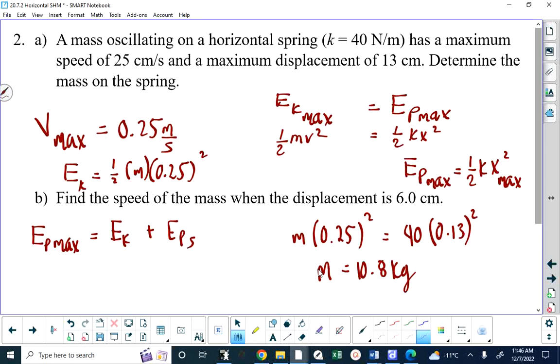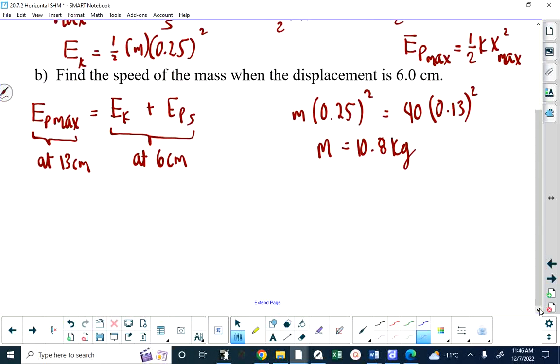So this is at 13 centimeters. This is at 6 centimeters. But we're still saying mechanical energy is conserved. This is 1/2 kx squared.